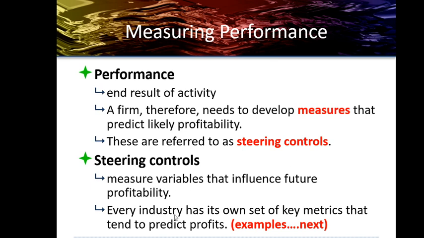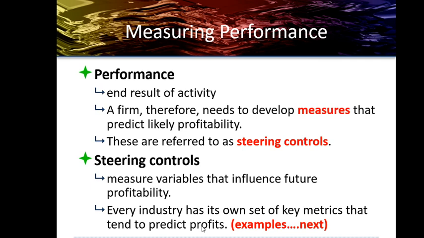Now, the type of measures that you are going to use as steering controls will depend on the type of your industry. Every industry has its own set of key metrics that tend to predict profits.